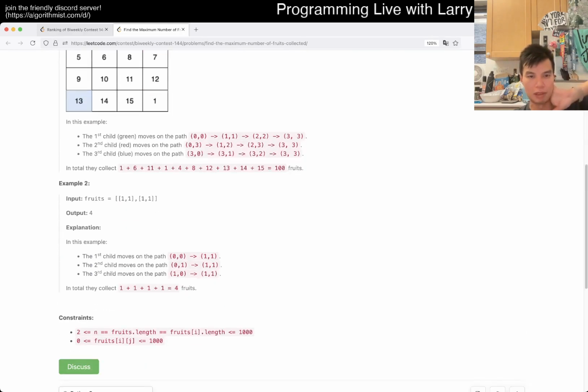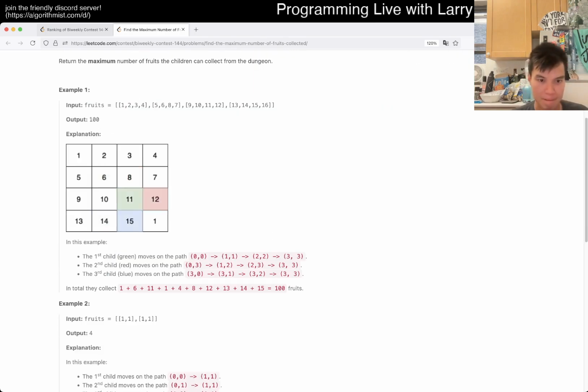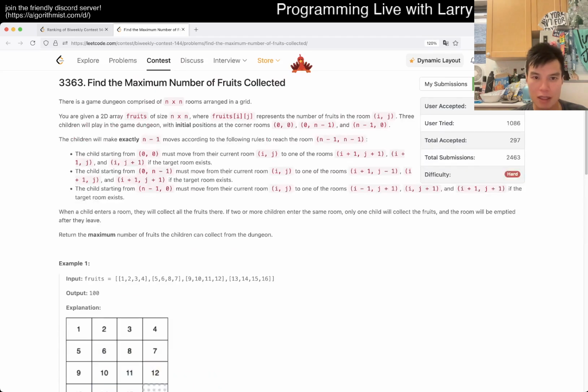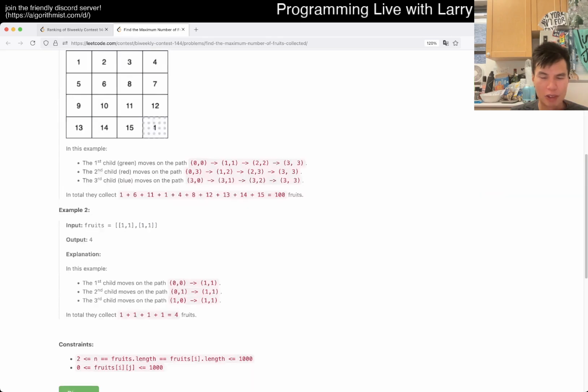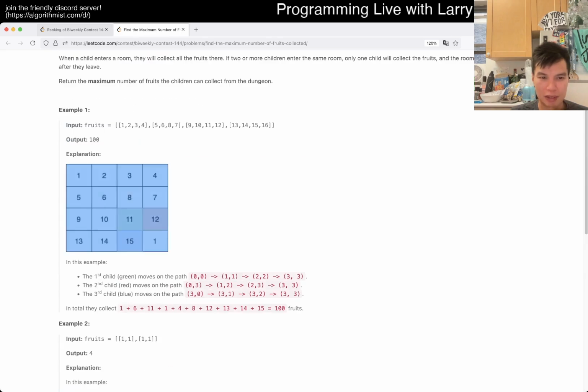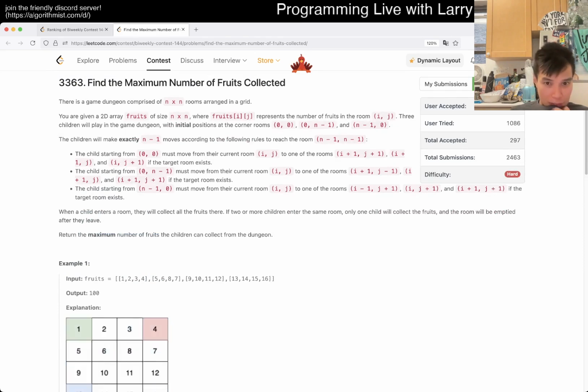So there's a million. Maybe I have to reread this. N minus 1, right? So they all want to meet at this thing, at the right corner.